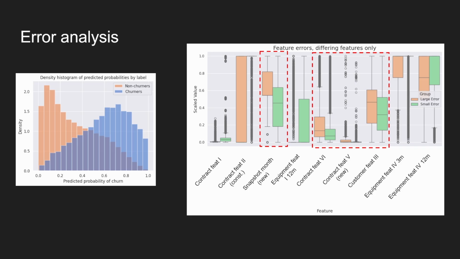From there, we see that the three features that describe contract length, which were contract feature 6, 5, and customer feature 3, all show that for larger values, so longer contracts, the prediction performance is worse. And from the snapshot month feature, we see that later in the year, it gets more difficult to predict correctly.